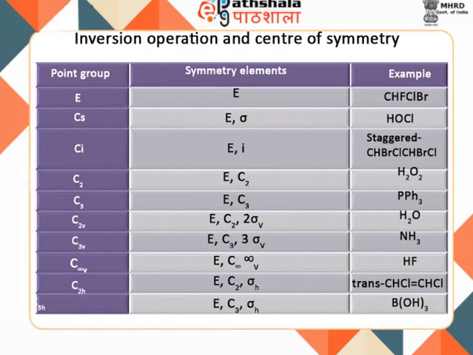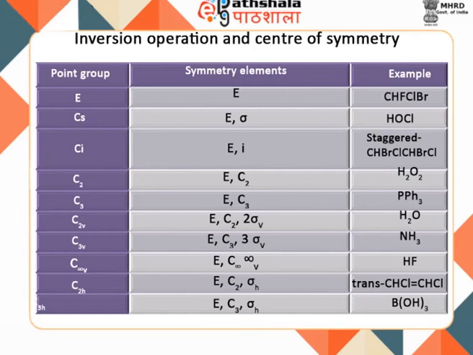Now we will study the symmetry groups that are involved in various molecules. The complete set of symmetry operations that can be carried out on a molecule is called its symmetry group. The symmetry group of a molecule is determined by the symmetry elements possessed by it.